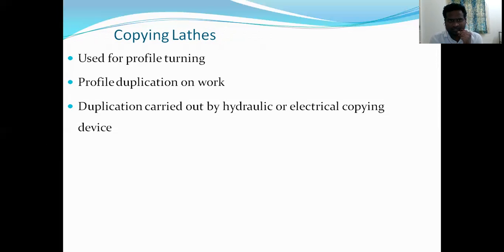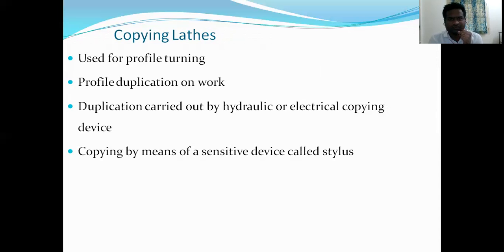That is a duplication process. That attachment which is traveled on the profile can be operated by hydraulic or electrical copying device.